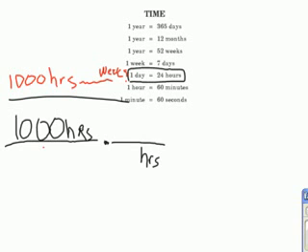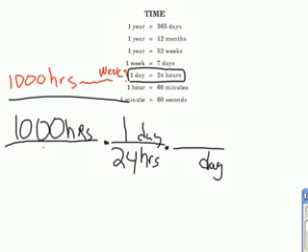Well, here I see that 24 hours is 1 day. But I don't want days, I want weeks. So I'm going to put another converting factor, day on the bottom, week on top, and I see right here on my conversion chart that 7 days equals 1 week.